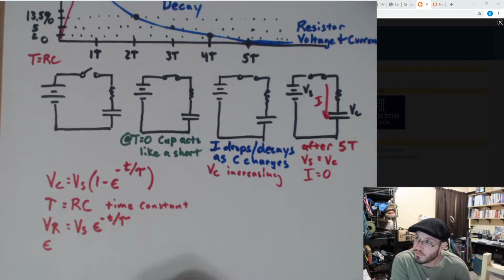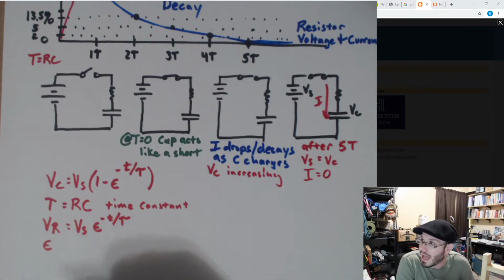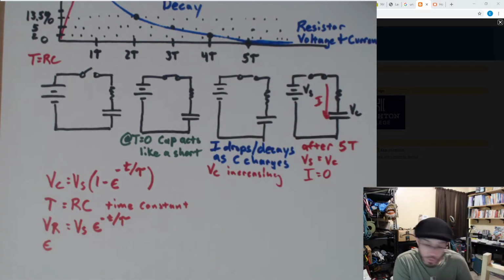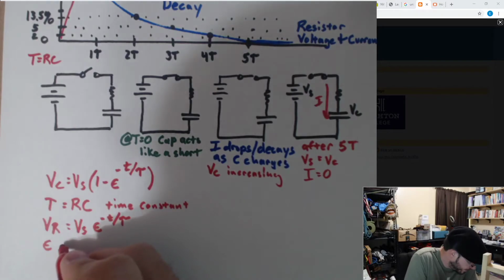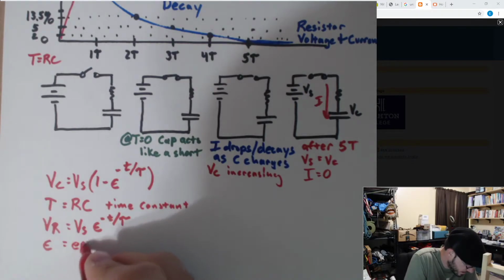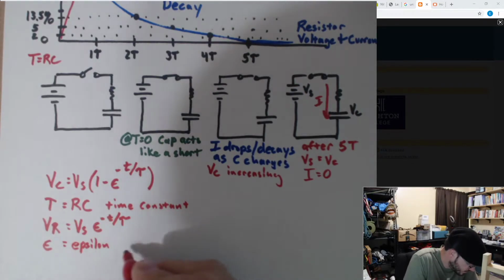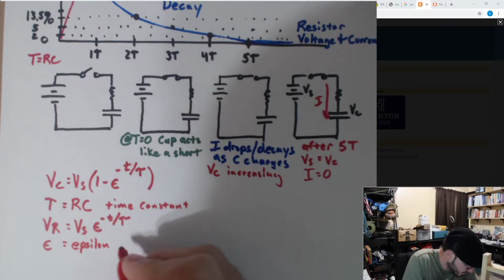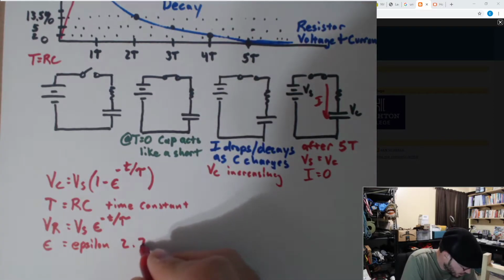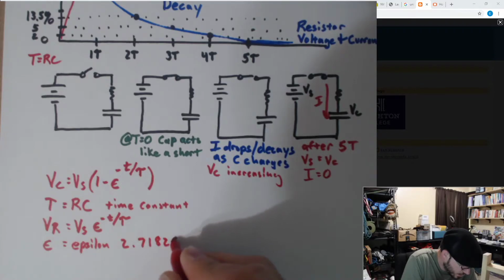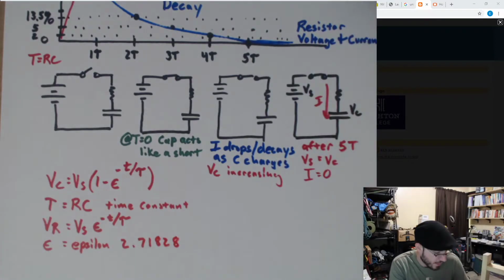Epsilon is one of those fixed values, irrational numbers, kind of like pi, that infinitely goes on and on forever. 2.71828, and I'll just take it out to 5 digits.